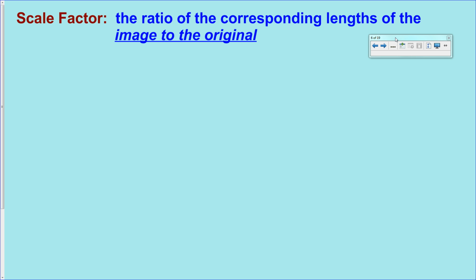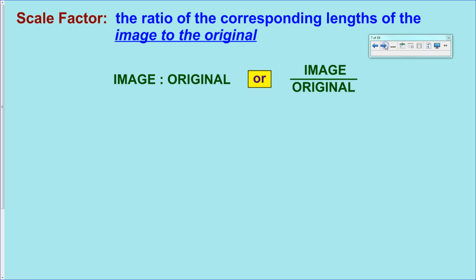A scale factor tells you basically how much bigger or how much smaller you want the image to be than the original. And that is, of course, written as a ratio, as this whole chapter is about ratios. And a scale factor is always written in this order from the image to the original.